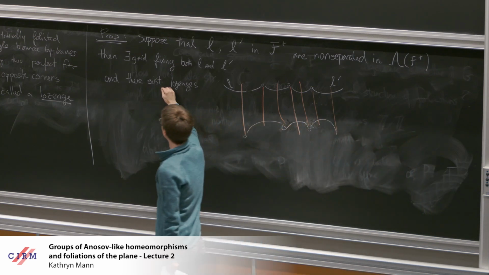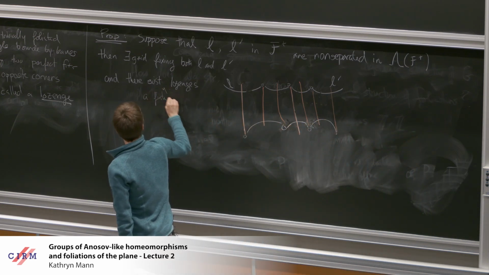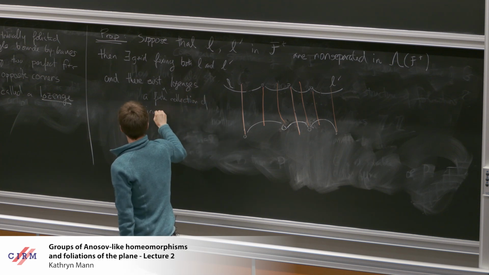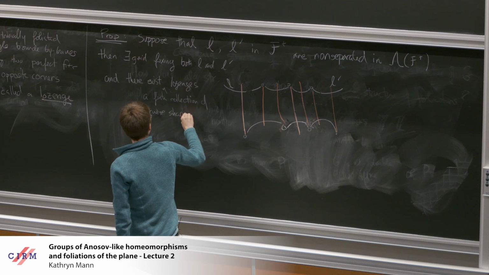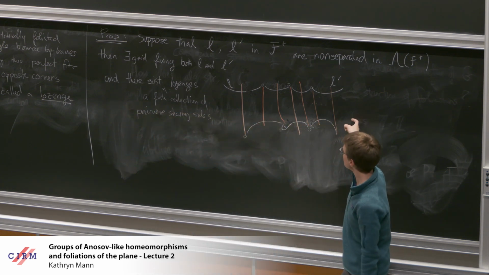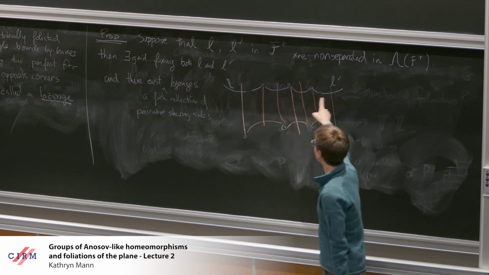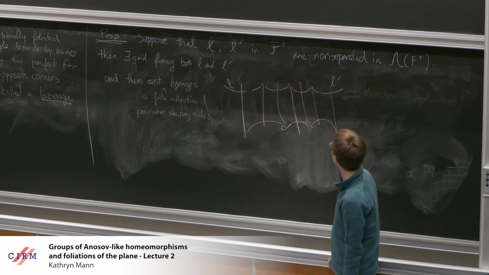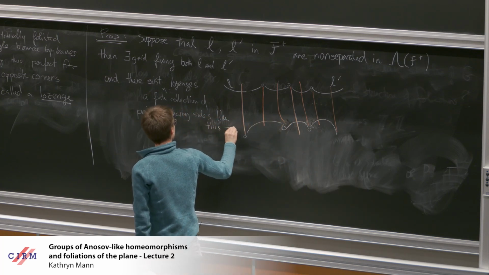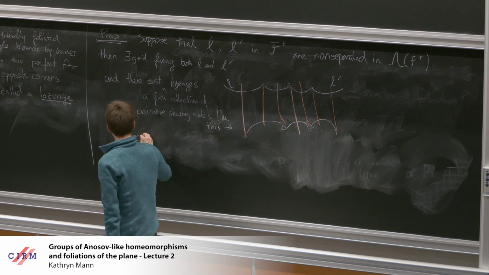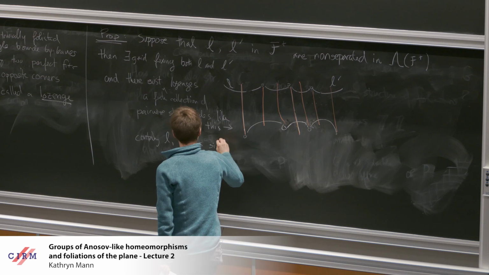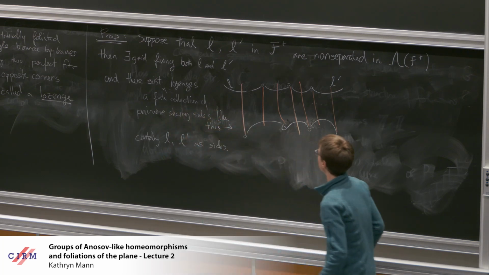So there exists a finite collection of lozenges, pairwise sharing sides, arranged in a linear order, so that sides of the extreme ends of them are represented by L and L prime, as sides of these rectangular regions.